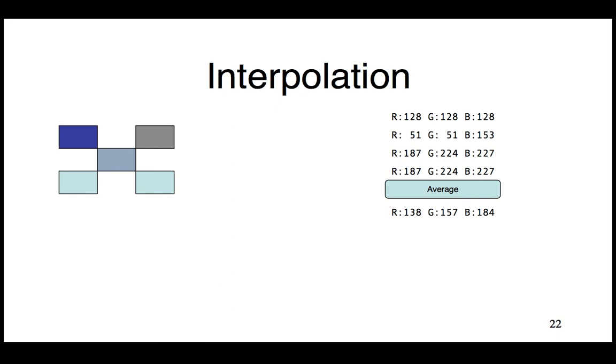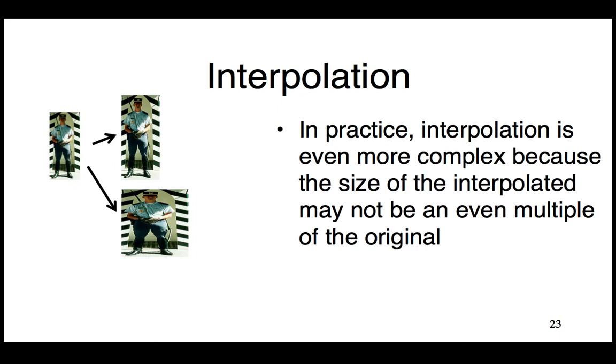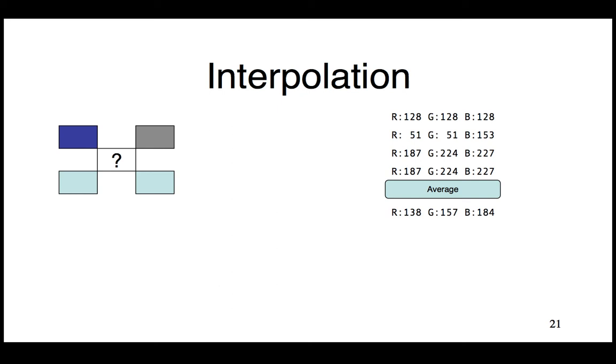But with interpolation, that's the kind of thing you have to consider, you've got fractions involved in there. So if you go from, say, 100 by 400 to 120 by 500, there's an issue going on there. Or if you stretch it across, all that could happen. So interpolation is a bit more complex than I've led you to believe, but that's the idea. You're missing pixels, you try and guess what they are.